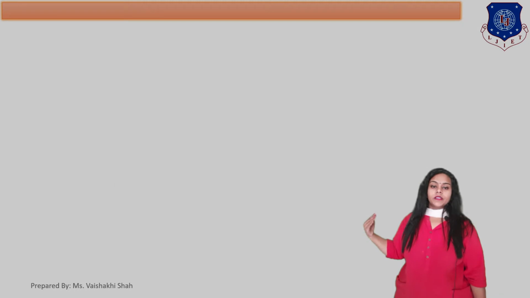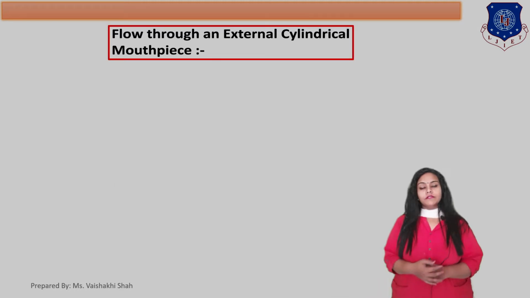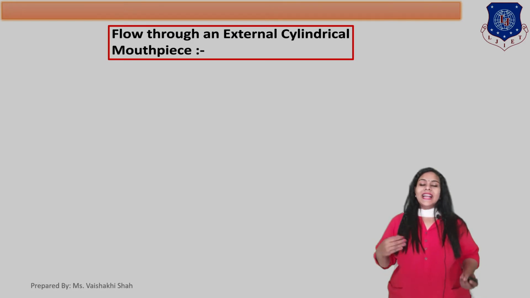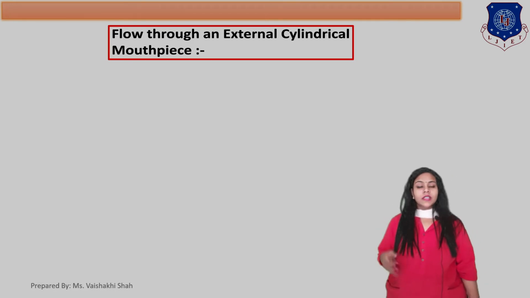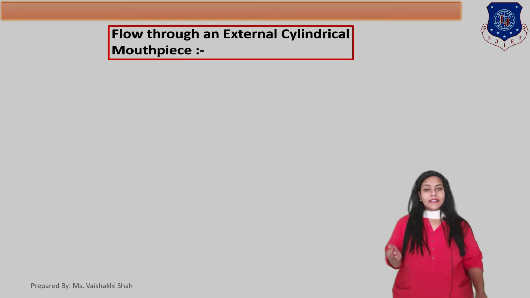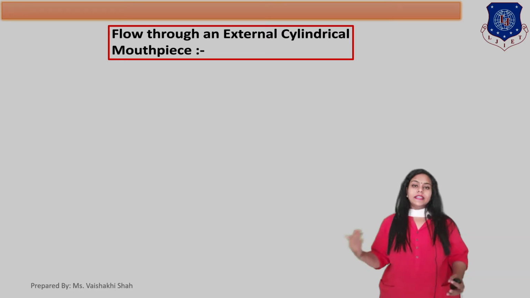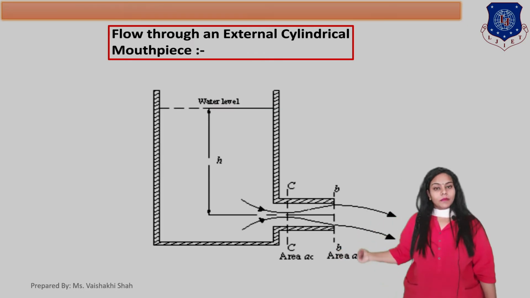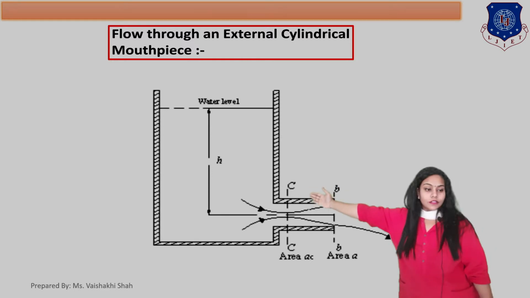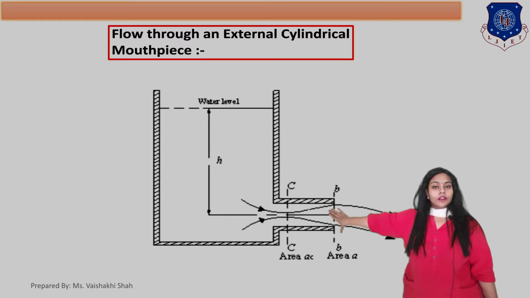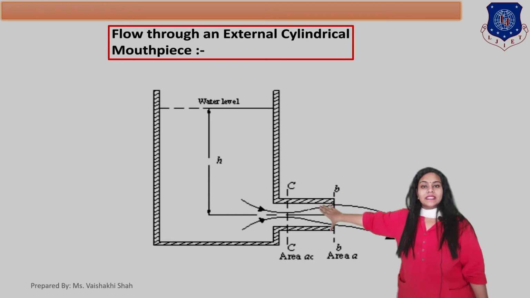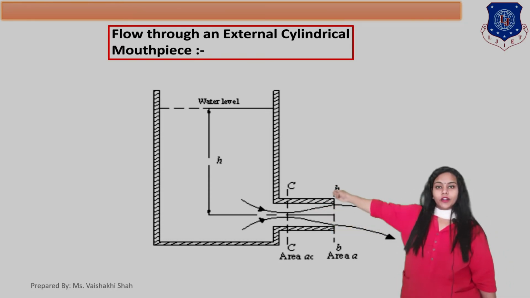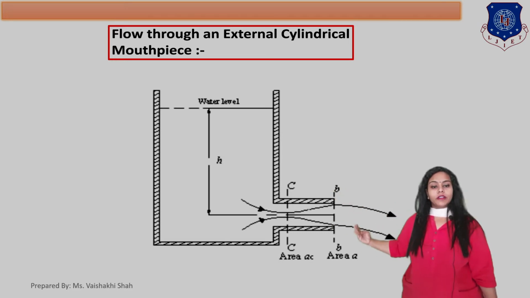Okay. So now our first derivation, which is flow through an external cylindrical mouthpiece. As we know, the mouthpiece which is connected outside the water tank is an external mouthpiece. So here is the image of the external mouthpiece. As you can see, this is your water tank, this is your mouthpiece. The mouthpiece is connected externally with the water tank, outside of the water tank.